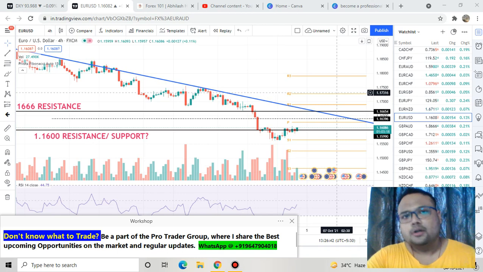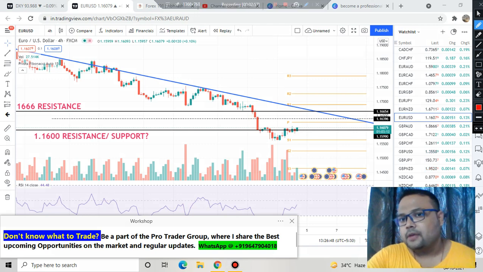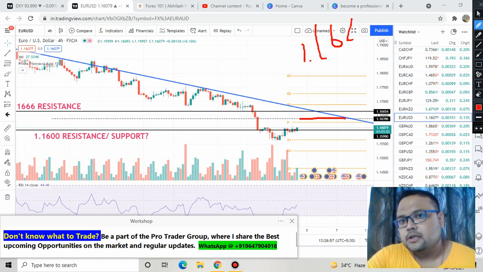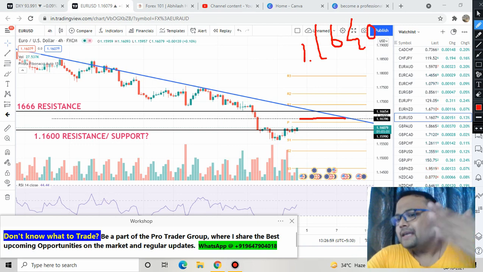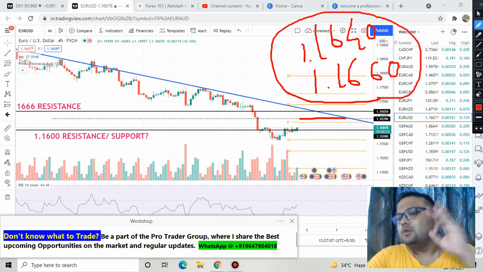Whatever I have shared on Saturday, my strategy remains the same. If Euro USD goes up from here, listen to me carefully, just observe Euro USD at the 1.1640 level, or in case it goes above, observe the 1.1666 level. These are the levels from where there is a good chance of Euro USD reversing.